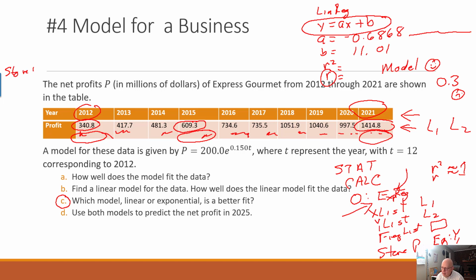Store regression equation. Now how do you get that going? Well, once you're in this position right here, do this. Hit the vars key and then move over to y vars because you want to use that y sub 1.